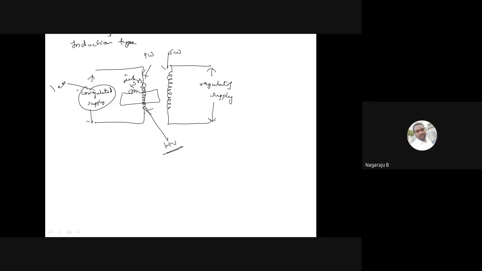This induction type of regulator has two types, moving as well as stationary. With respect to the rotating, you will have a third one, at right angle to the primary coil, short circuited on itself.